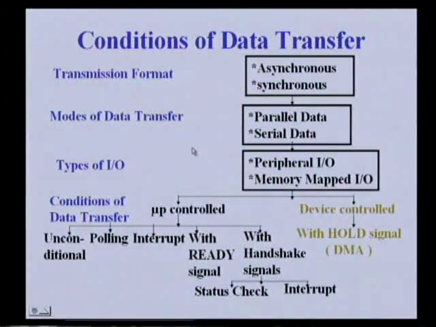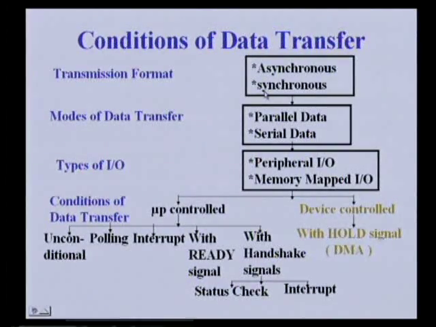Look at this chart. This describes various conditions of data transfer between microprocessor and peripheral. First, based on transmission format, microprocessor communicates with peripherals in two ways, asynchronous and synchronous.